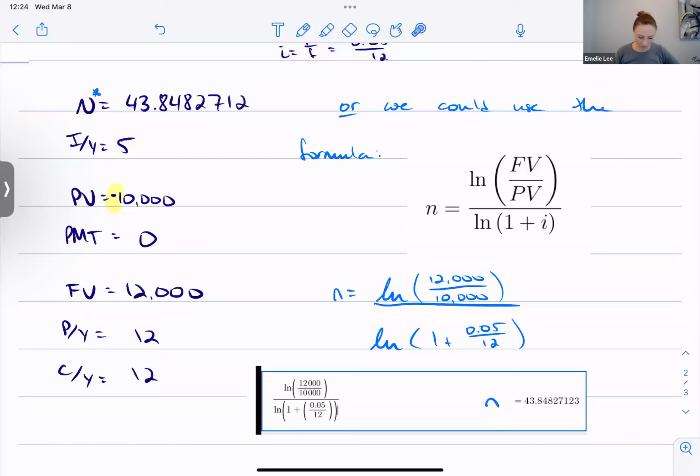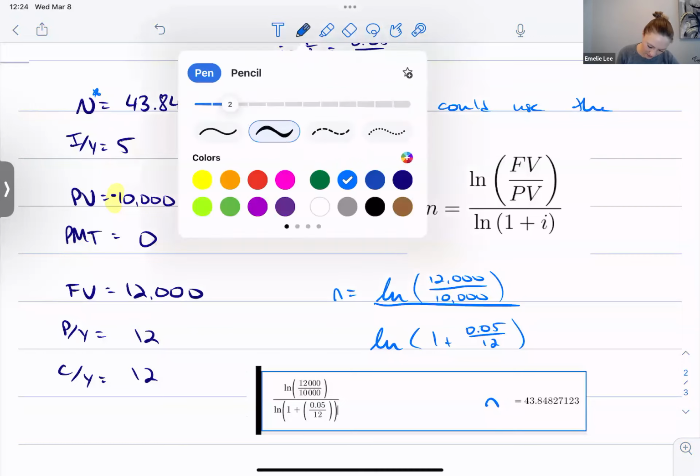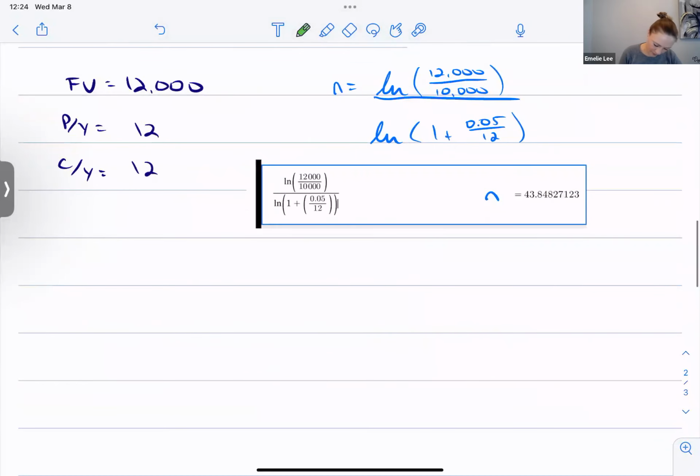Okay, so technically, recall, we can't have 0.84 of a compounding or 0.85 of a compounding, right?